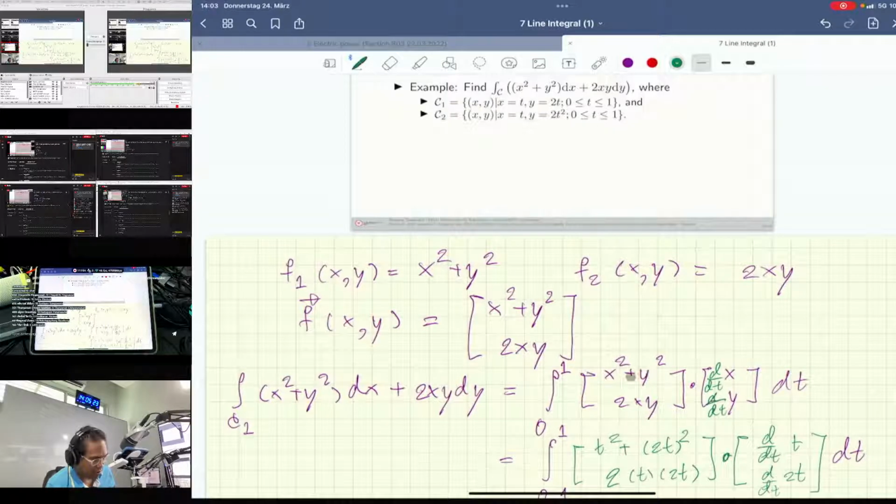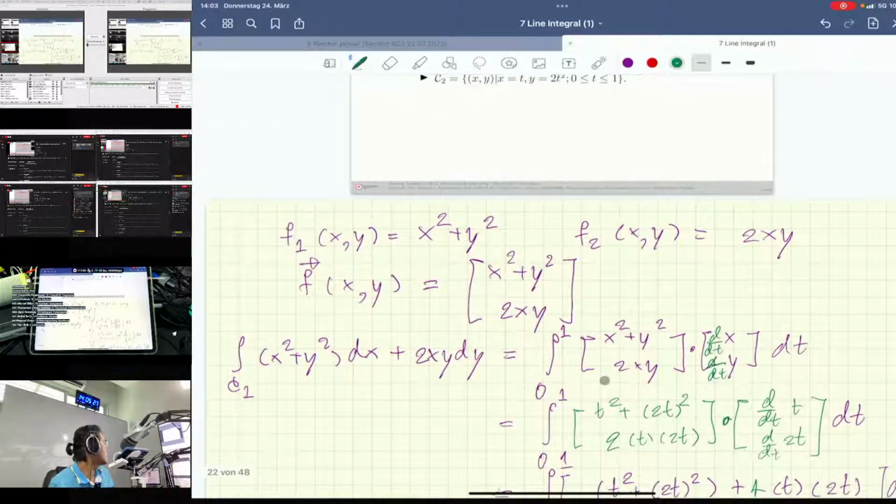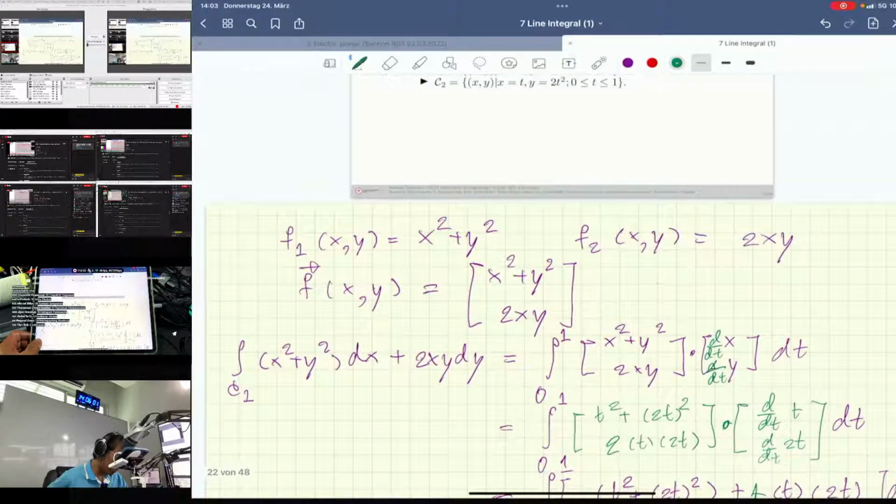Let's see what happened. What is the result if we consider C2?